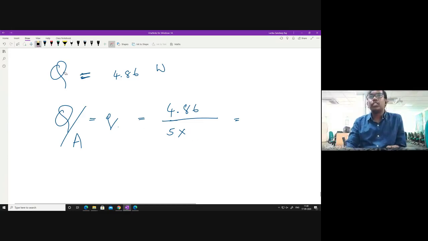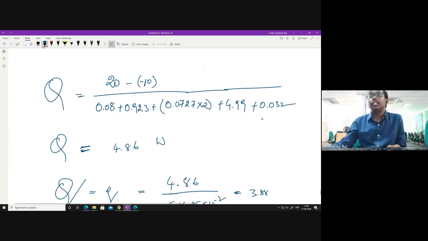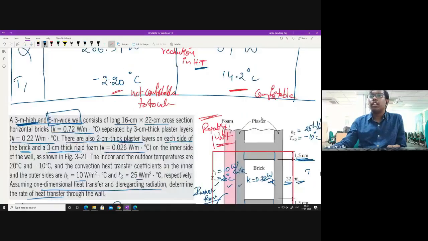First, I should put it for here, 0.25, that is 25 into 10 to the power of minus 2. Tell me this value. 3.88. See, this is the value for this particular area.